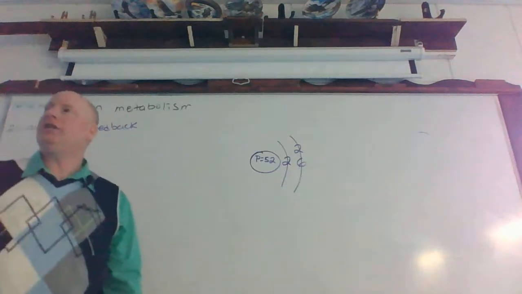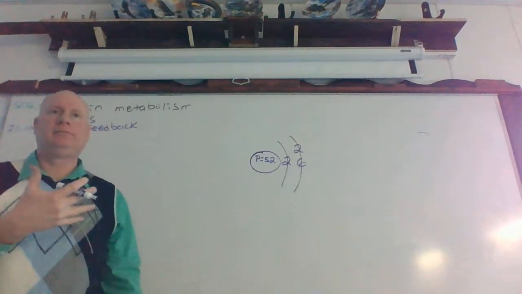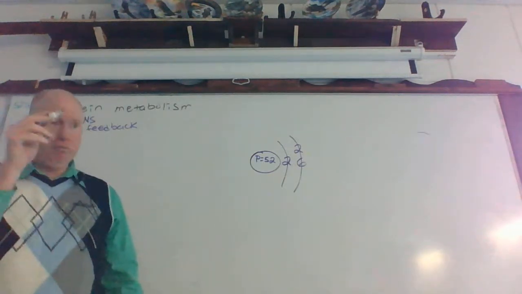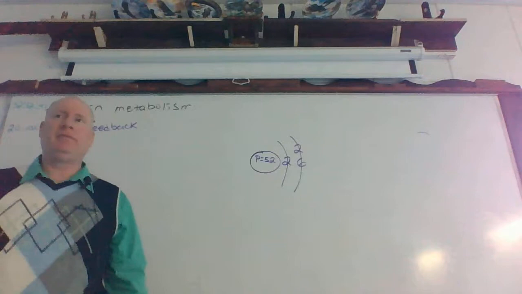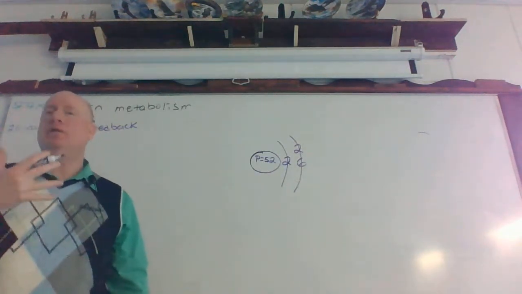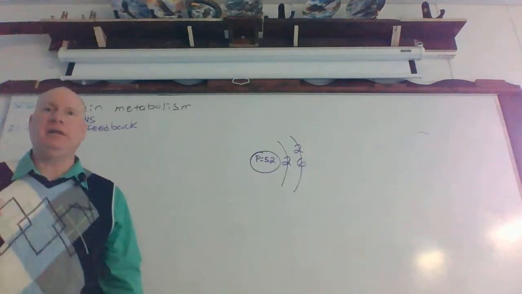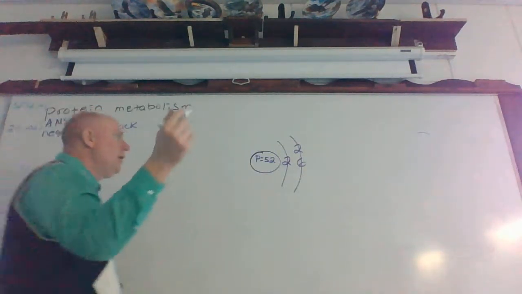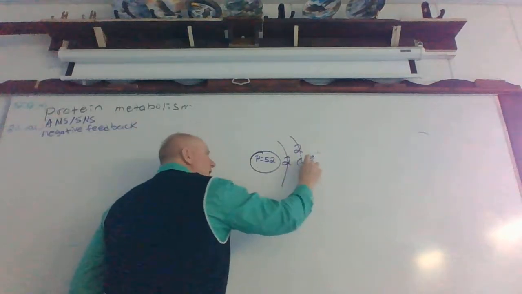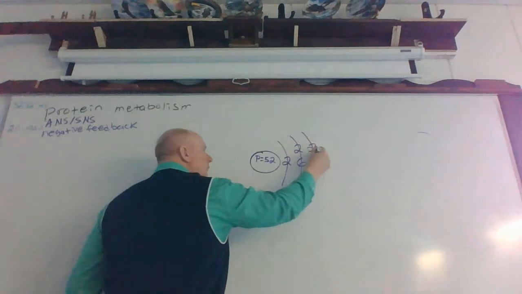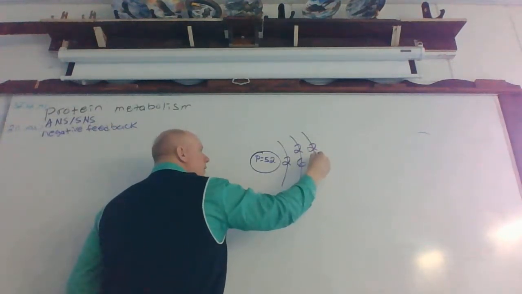Is anybody lost up to this point? If you don't understand, you've got to say something, and then please come in and ask questions. So what comes after 2p6? 3s2, 3p6.